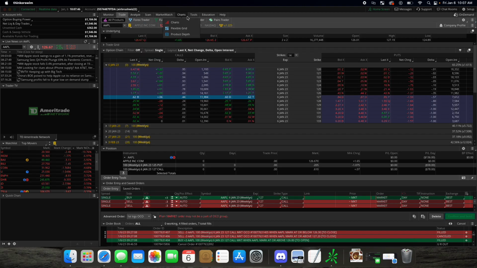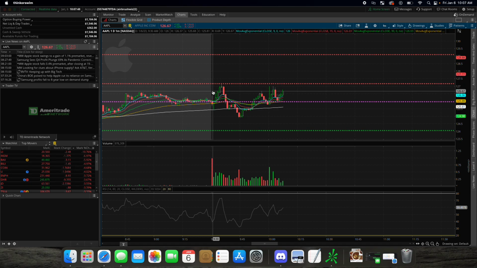But the strategy is, if 126.60 is our target, we want to back off of it, it's our resistance level. We want to back off of it 50 cents. So our entry is going to be 126.10.